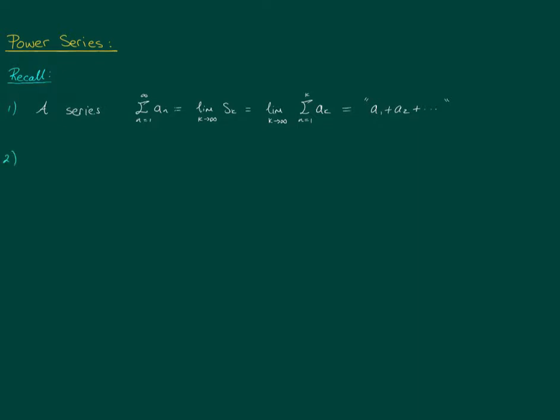Okay, second thing, a geometric series, this is a special type of series, is a series of the form sum n equals 0 to infinity of a r to the n. And that is a plus ar plus ar squared and so on. a is called the first term for obvious reasons.